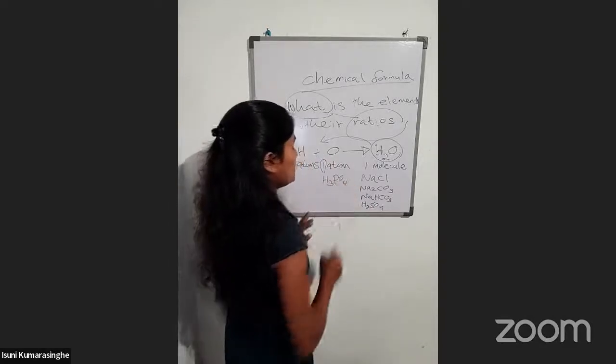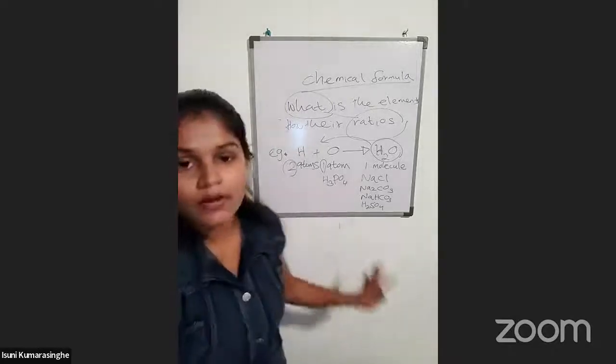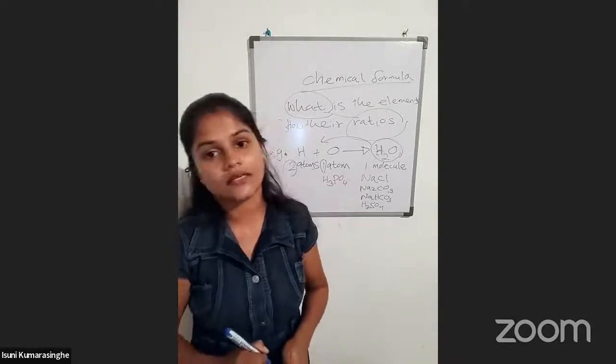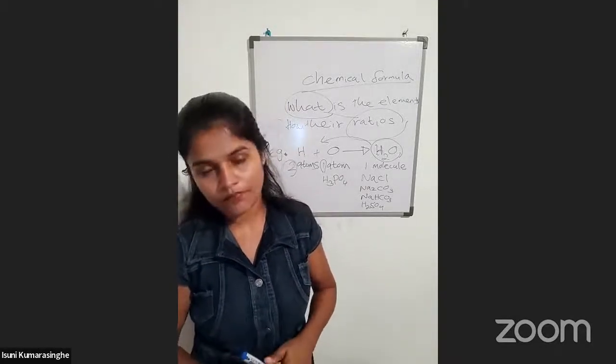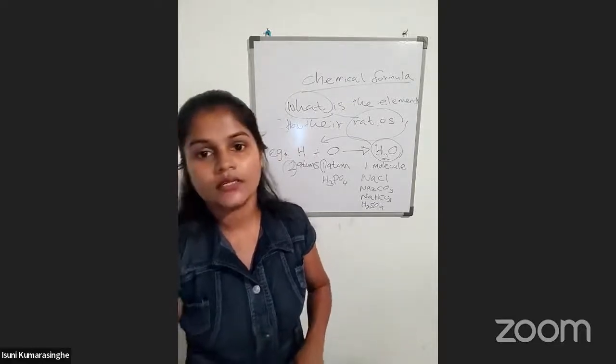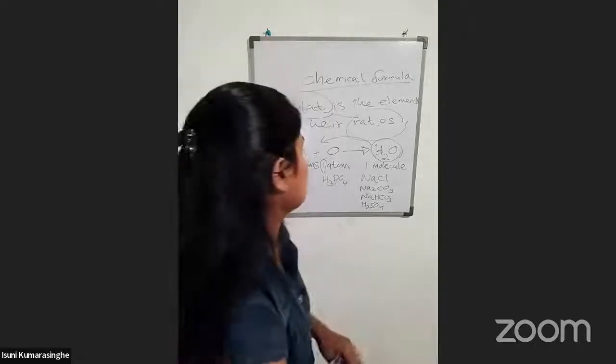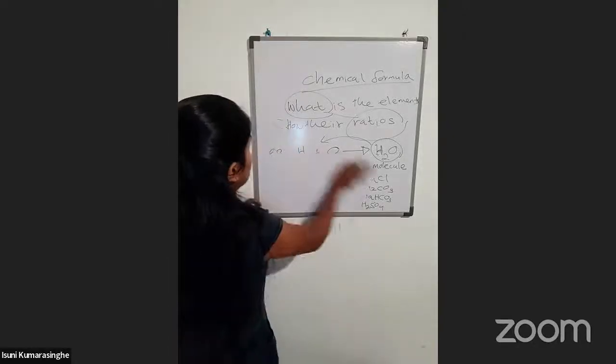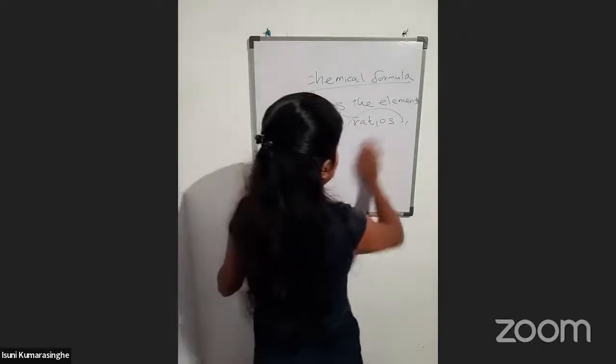There are a lot of compounds which have a definite chemical formula. You have to know their correct formulas. Under this lesson, we are going to cover those as well.